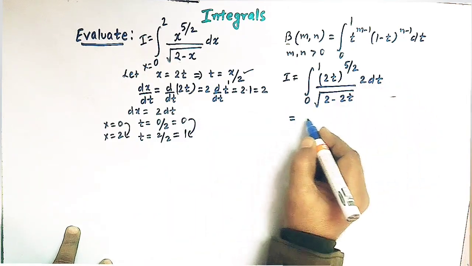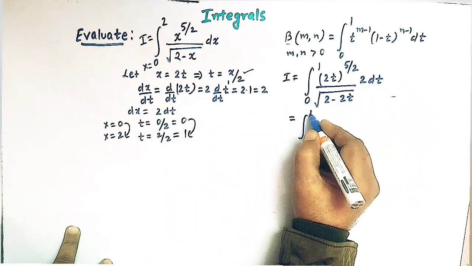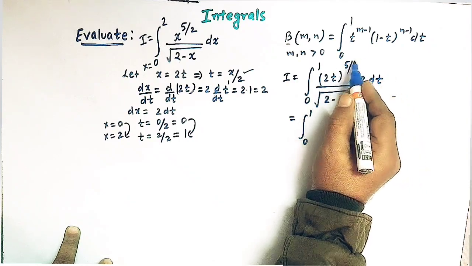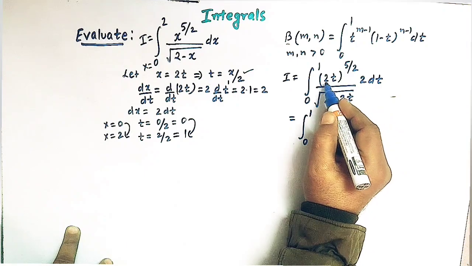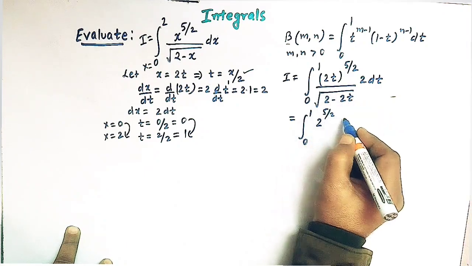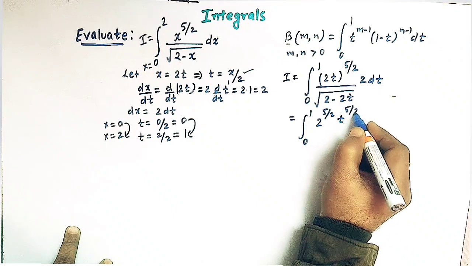So let us now simplify this expression. So we can now distribute this power, that is 5 over 2, over 2 and t. So we have 2 raised to 5 over 2 t raised to 5 over 2.